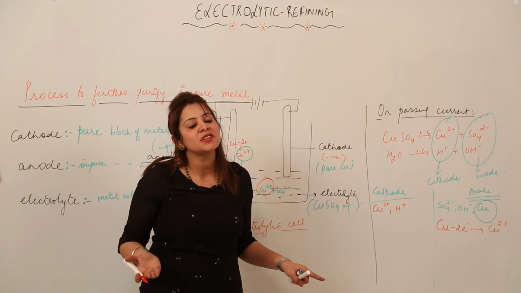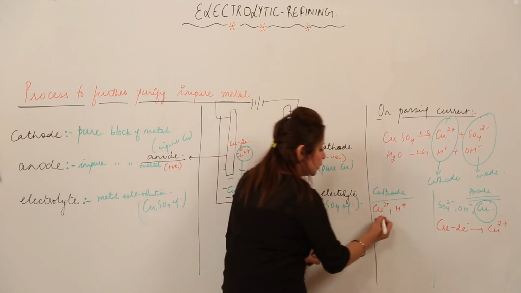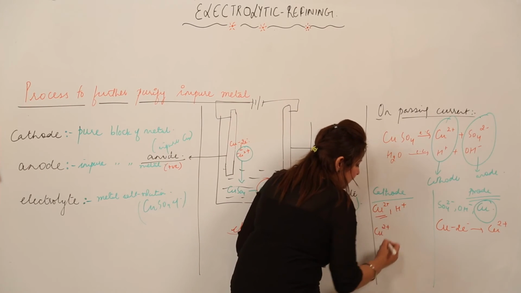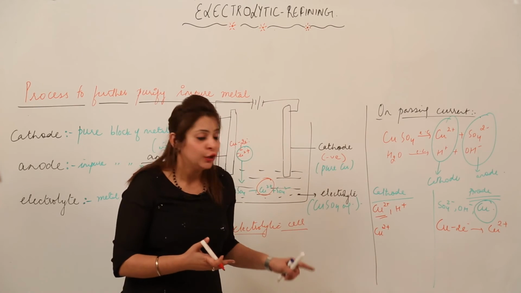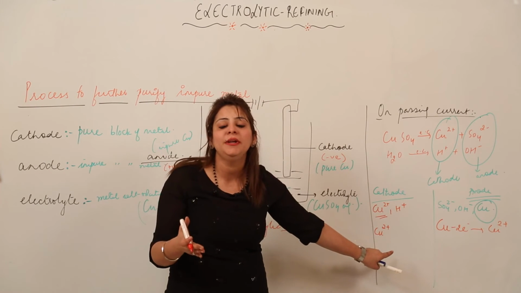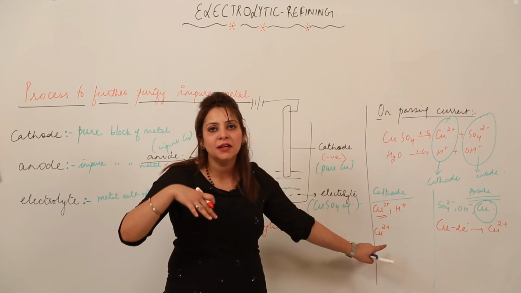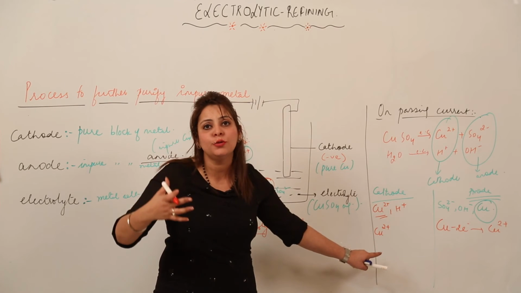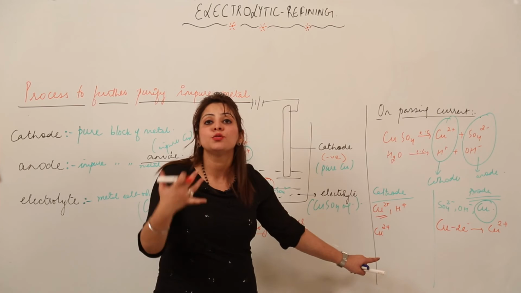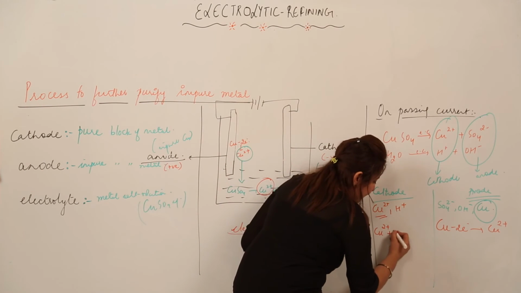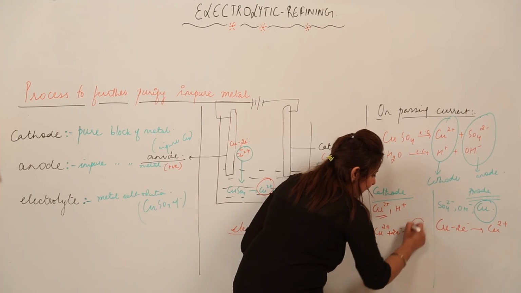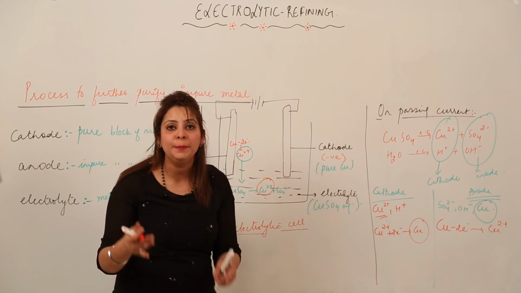So obviously it is going to discharge and show a chemical change. What kind of chemical change can this Cu2+ do? You can see that it has 2+, that means it has already lost 2 electrons. So it will just acquire its 2 electrons back, turning into pure copper metal.